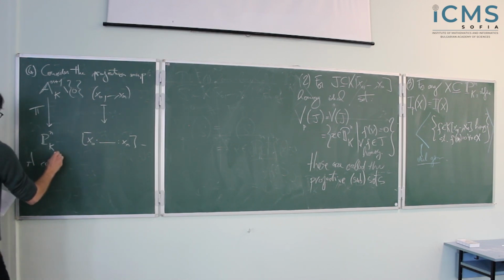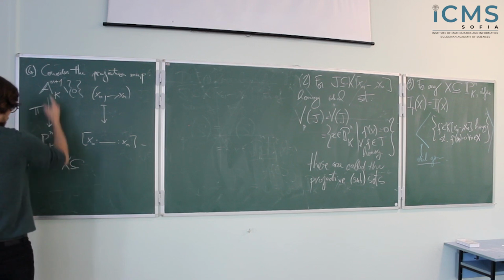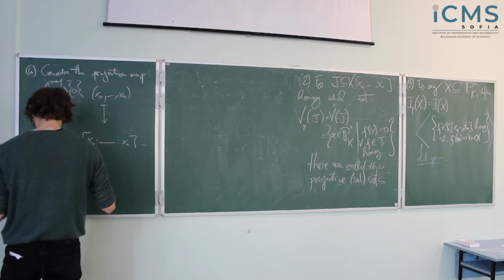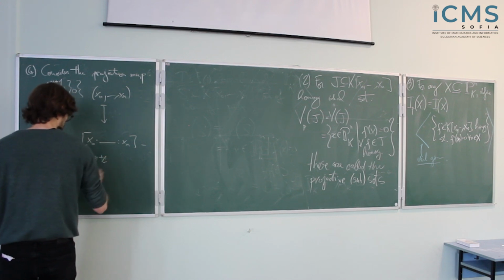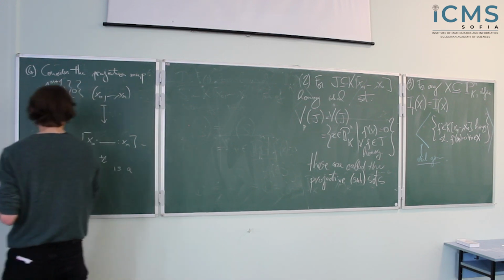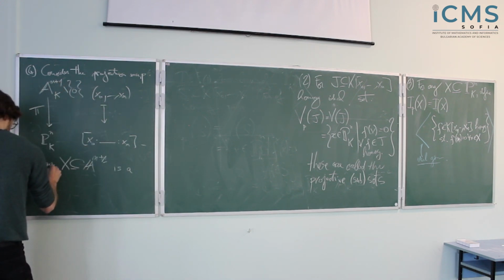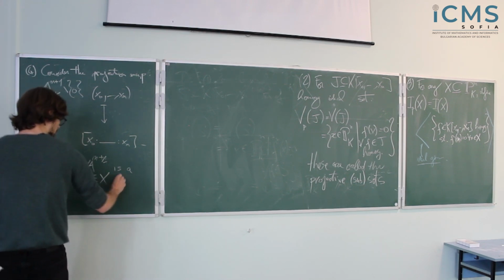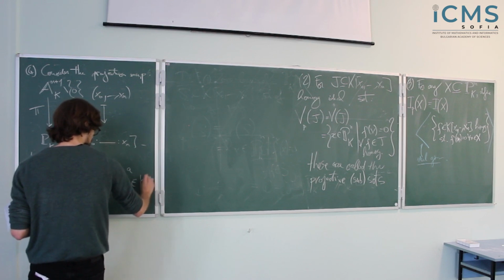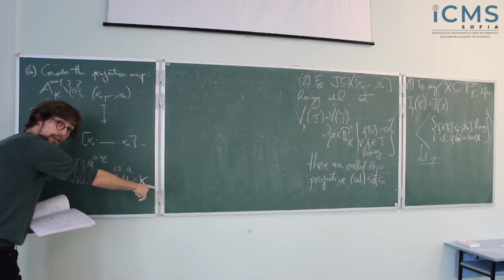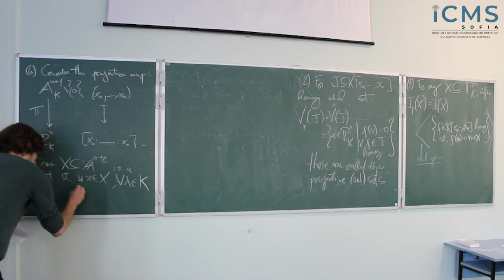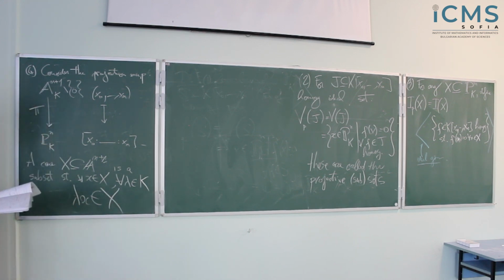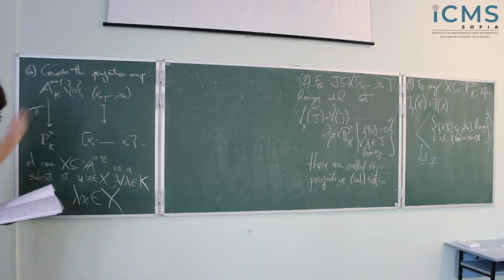So a cone in, let's say, n plus 1, is a subset X such that for all x inside of X and for all lambda inside of k, 0 included this time, lambda x is still in X. So this is stable under multiplication by a scalar.